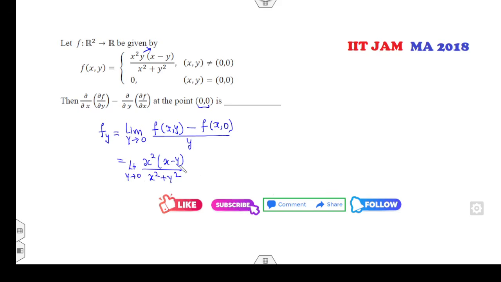So how much is this? As y approaches 0, that will be my x. Fine. So the partial derivative with respect to y is my x. Is it okay?